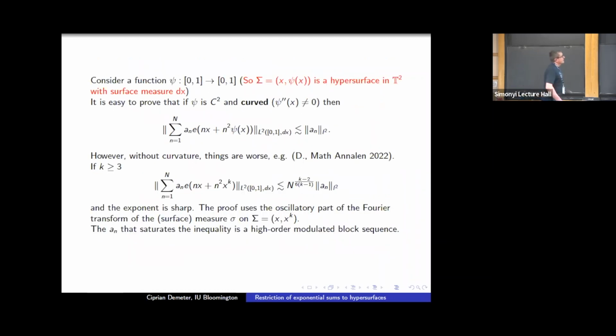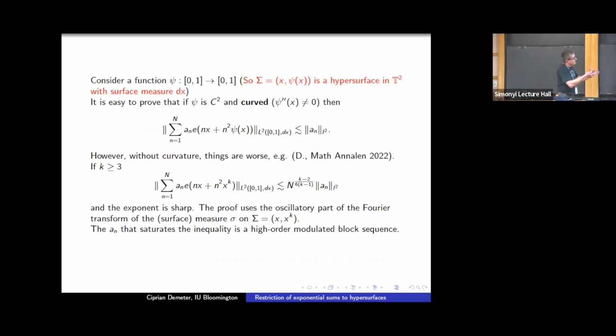All right. Now, let's have a look at these Gauss sums restricted to hypersurfaces in R2. So what is a hypersurface in the two-dimensional torus? What is a sigma? It is of this form. You can parameterize it as x comma psi of x. You can think about the surface measure being dx, right?